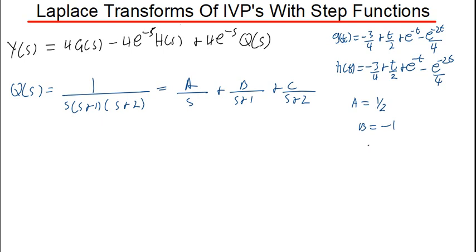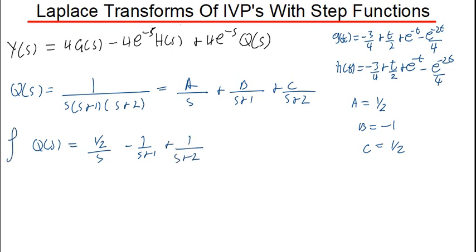Then your c is going to be equal to 1 over 2 as well. So meaning your q of s will be equal to your a, which is 1 over 2 over s, then your b, which is minus 1 over s plus 1, your c, which is 1 over s plus 2.